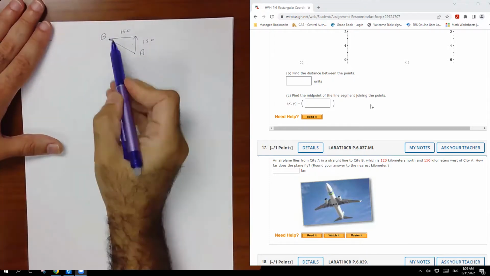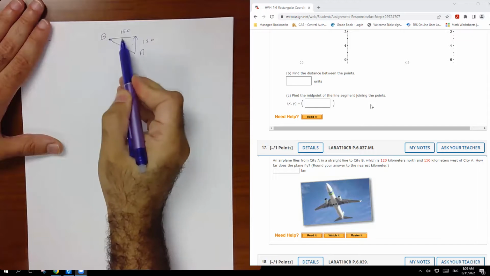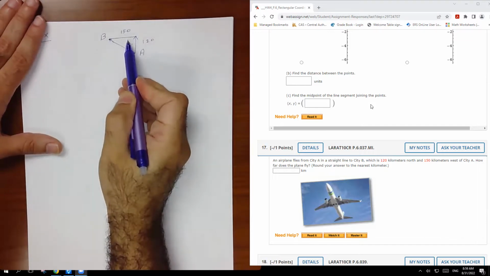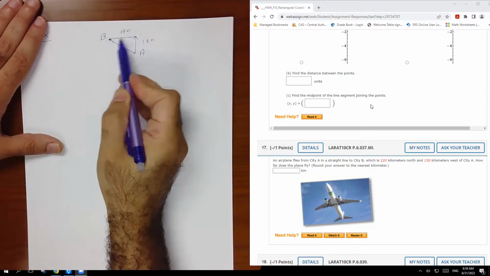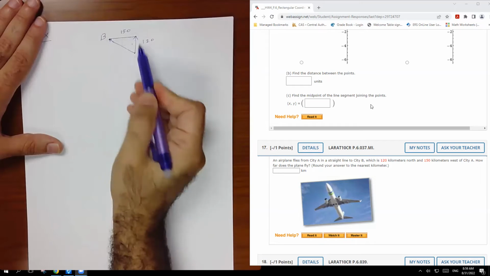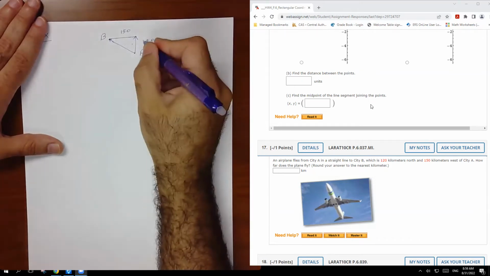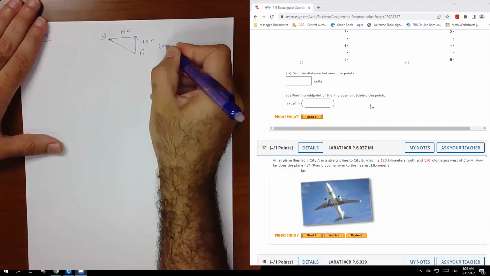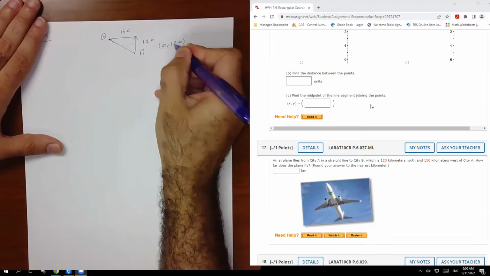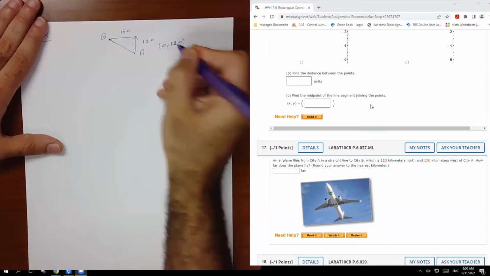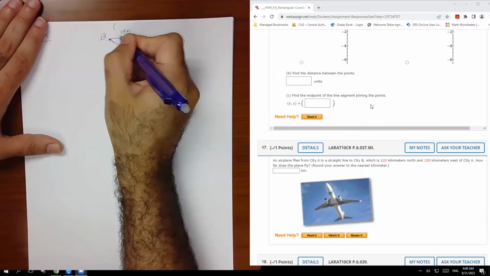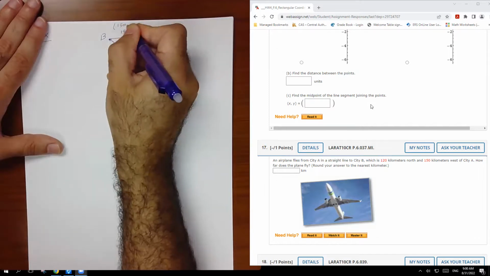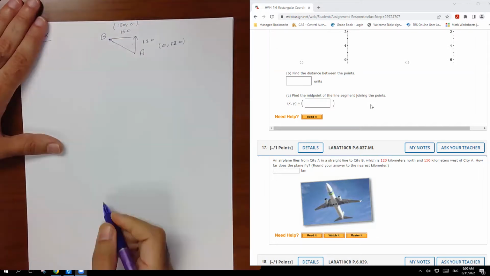So look, the distance here is exactly like the x coordinate, and this is the y. So you can say that as a point this is 0, 120, or this one is going to be the x, so you can say this is 150, 0. It's going to be the same thing.